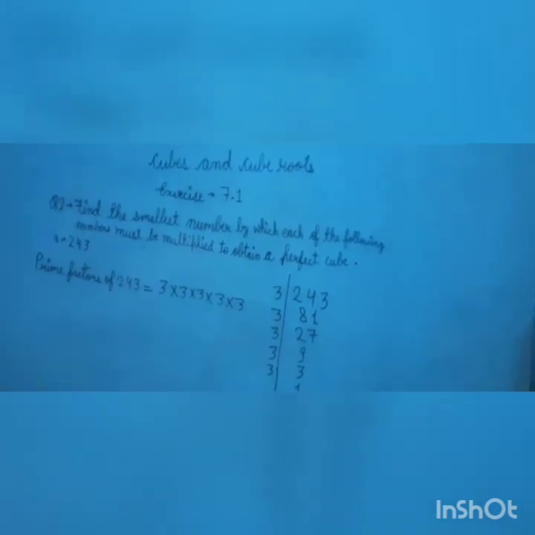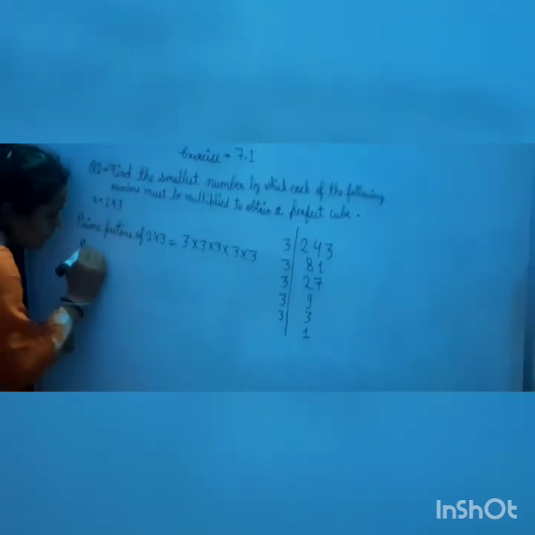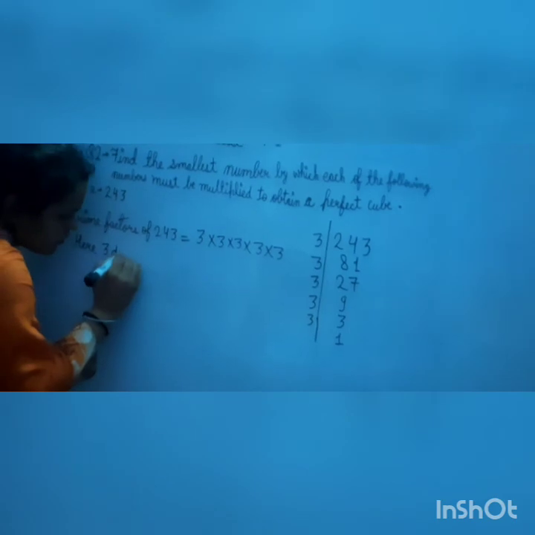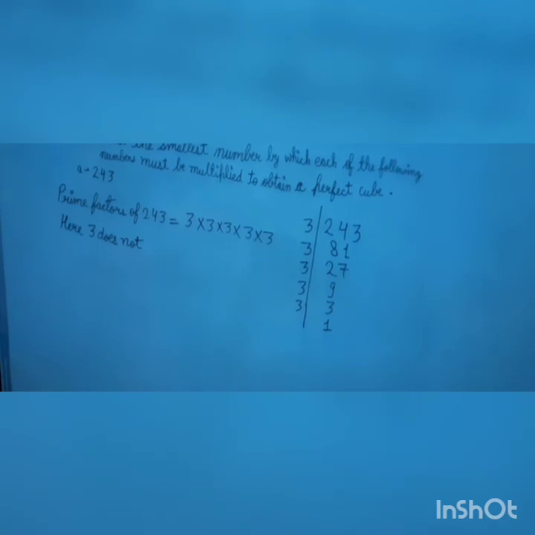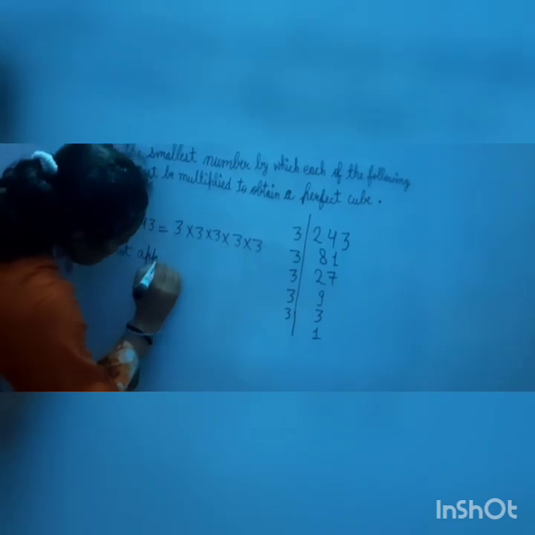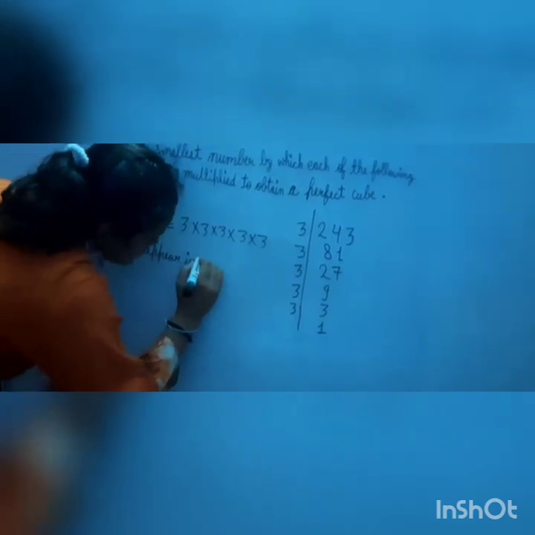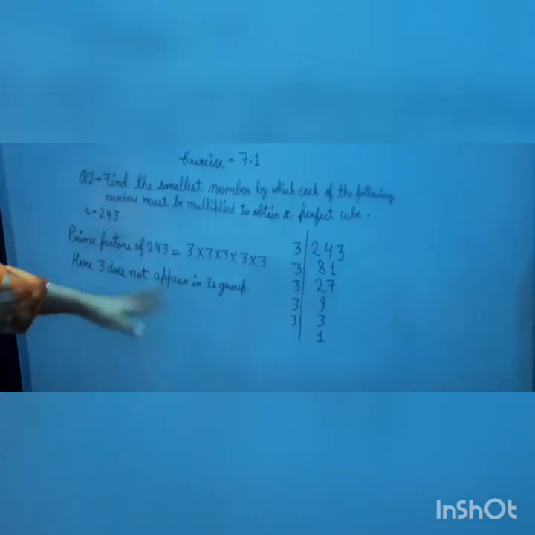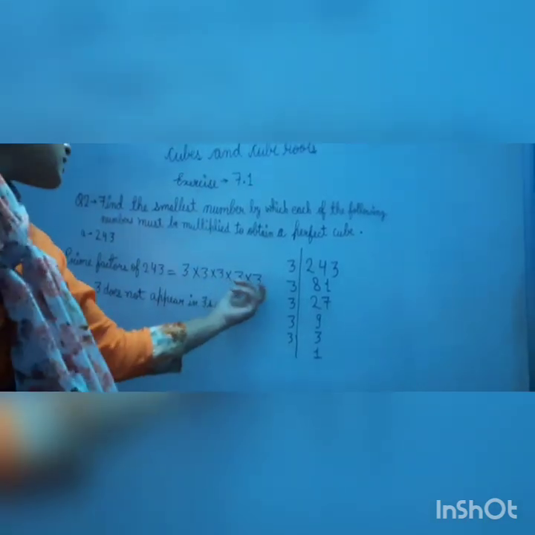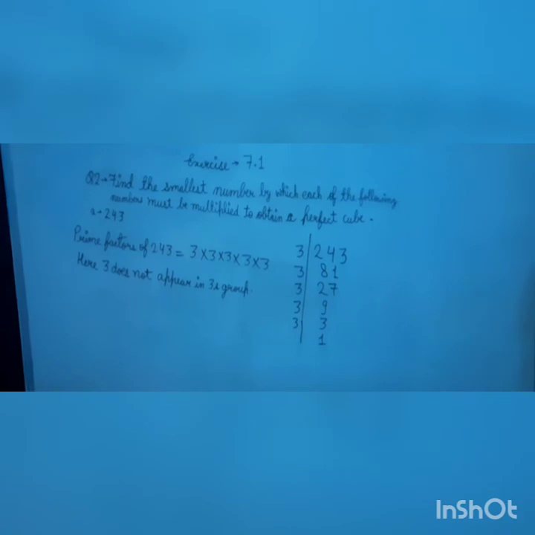Okay, you can see here that 3 does not appear in 3 groups. Okay class, you are seeing here that these two 3s are not making a triplet, then it means that 3 does not appear in 3's group.